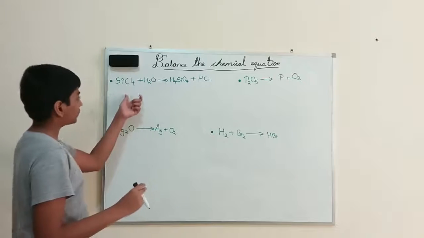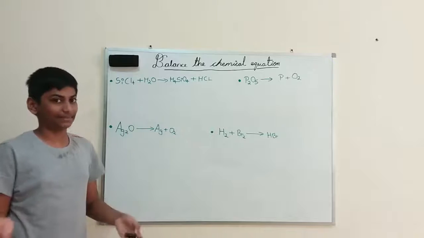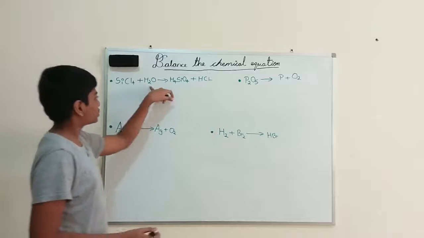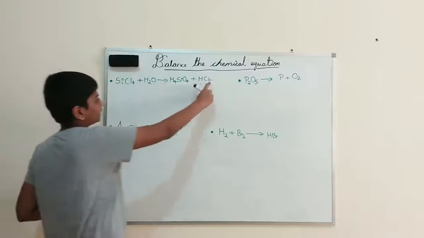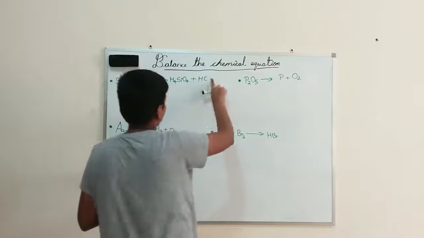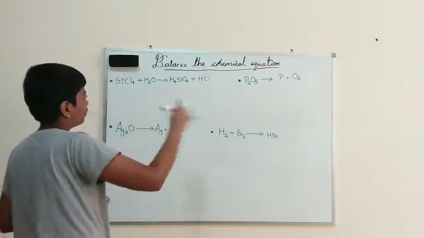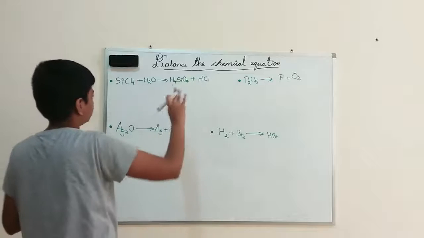Okay. So here, what is silicon chloride? You know, right? It's SiCl4 and H2O. So let's check how much chlorine over here is 4, but here there's not even 1. Silicon is 1, here also 1, so they both are equal.